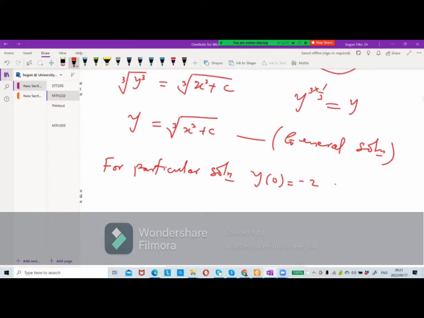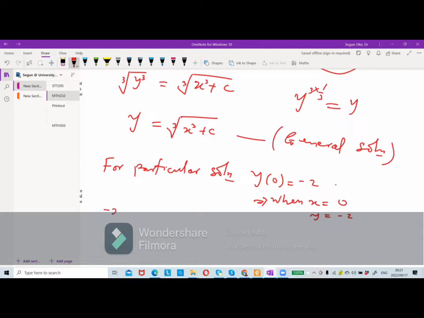That is what they are saying. That is the meaning of particular solution. You are to calculate your c when y is equal to minus 2 and your s is equal to what? 0. What this means is simply that when s equals 0, y equals minus 2. That's all.